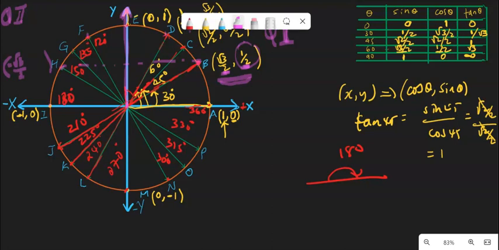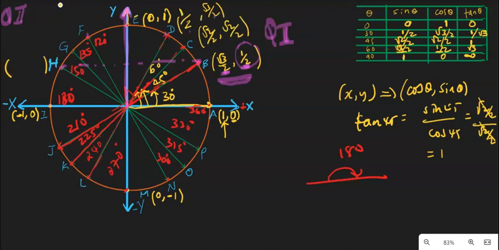I think I have to use a different pen. And what it means is, actually, minus √3 divided by 2, and the y value will not be changed. It remains the same. The same for point C. If we mirror the point C using the positive y-axis towards here, what it means is the x coordinate will be minus √2 divided by 2, but the y value will be the same, √2/2.